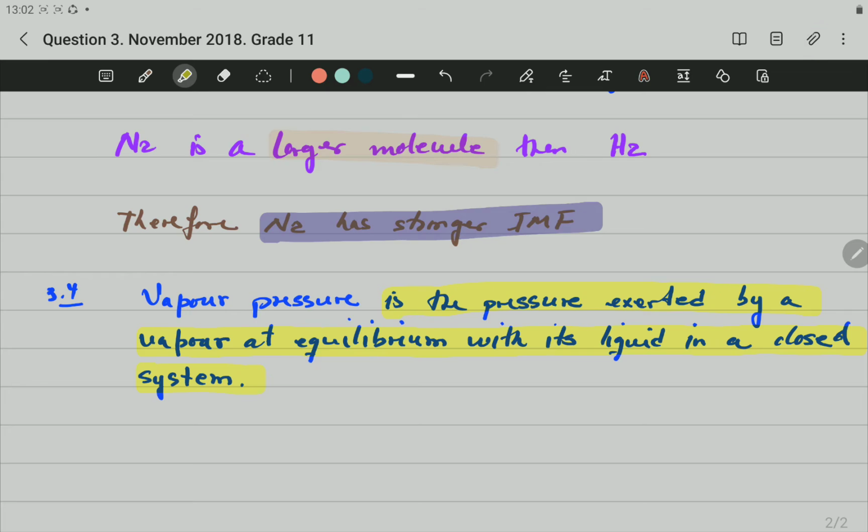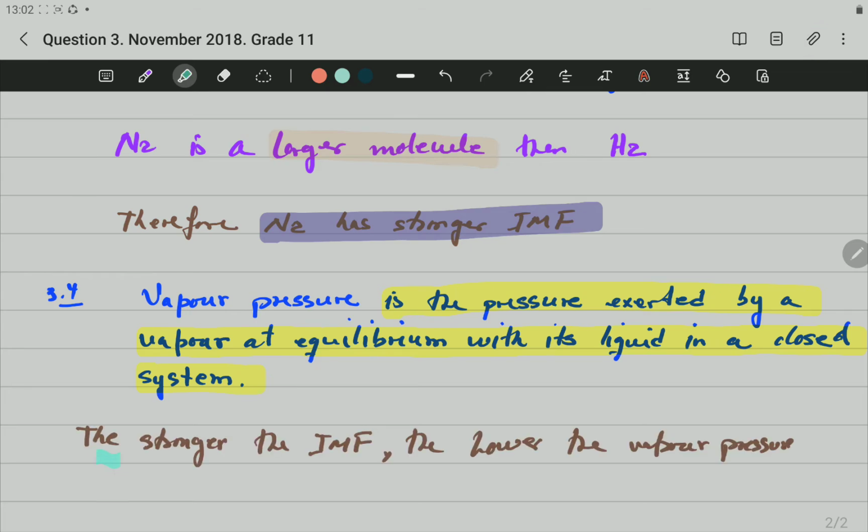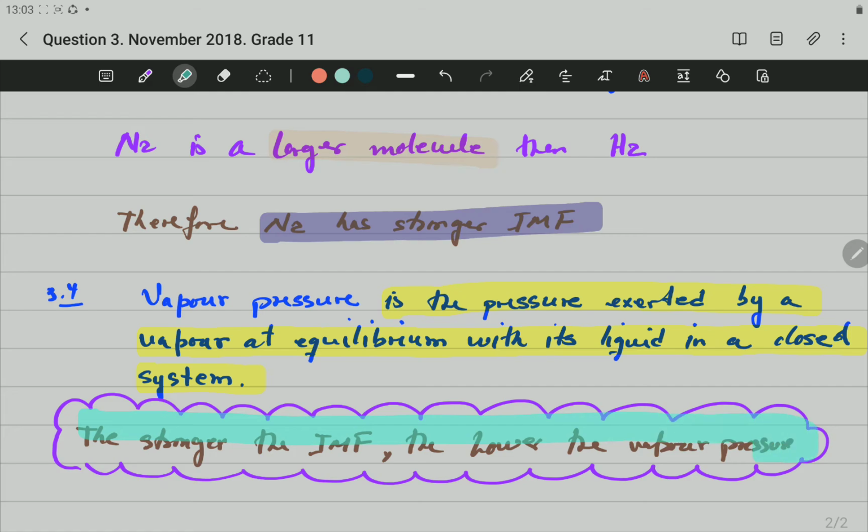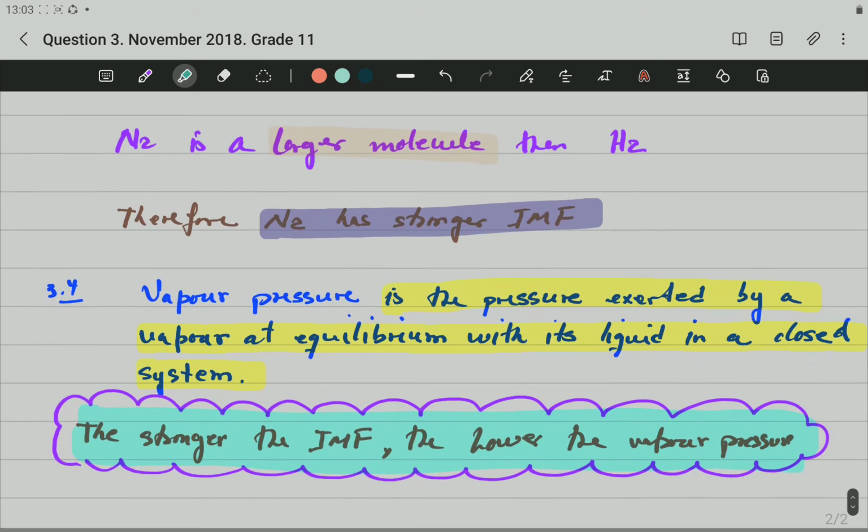It was mentioned in the previous video: the stronger the intermolecular forces, the lower the vapor pressure. It is the opposite of boiling and melting point. For boiling and melting point, the stronger the intermolecular forces, the higher the melting and boiling point. But vapor pressure is the other way around. The stronger the intermolecular forces, the lower the vapor pressure.